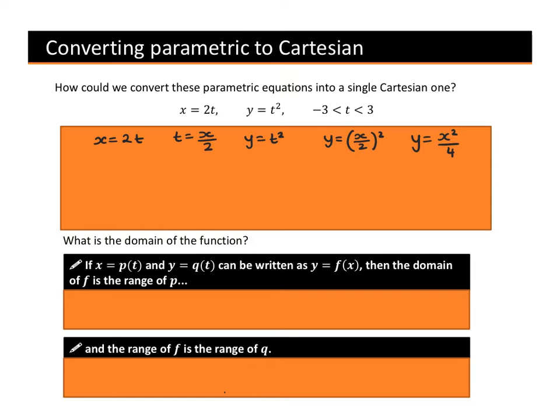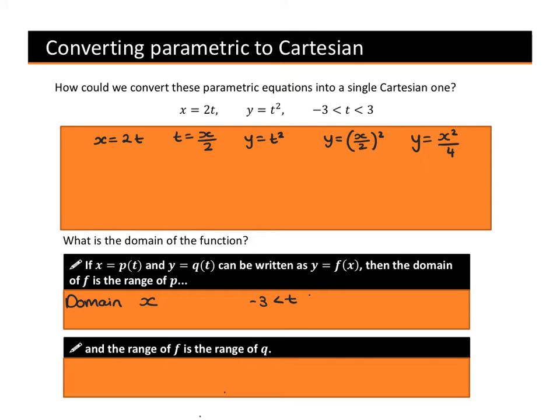Now, the domain of the function, what we do is we look at, here it says that minus 3 is less than t is less than 3. Now we know the domain affects the x, okay? Domain, we should always be thinking x. Oh, sorry everyone.